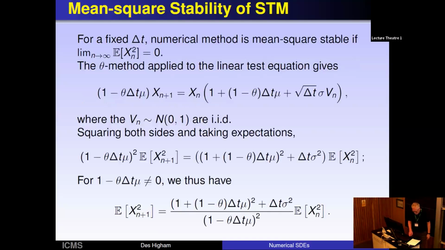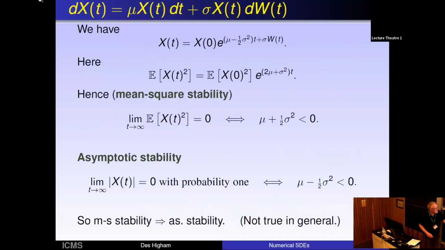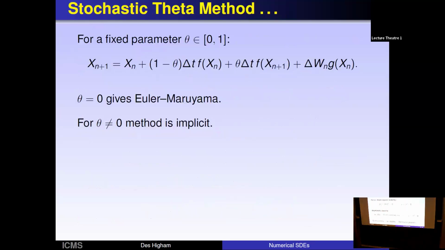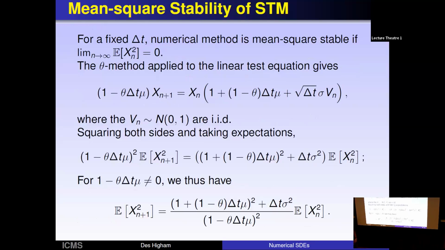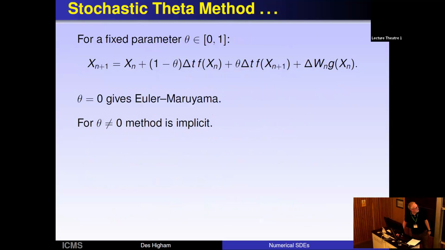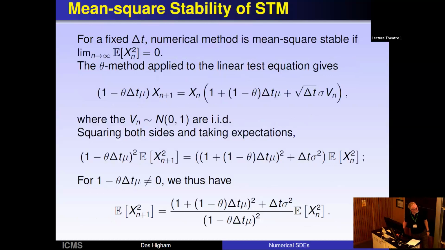Okay, so let's first of all look at mean square stability. Going back, mean square stability means you square the process, take its mean, and look at long time behavior. Do that for the method. Let's go back. Here's the method again. It depends on this parameter theta. f is now linear, g is linear, so we can just rearrange.